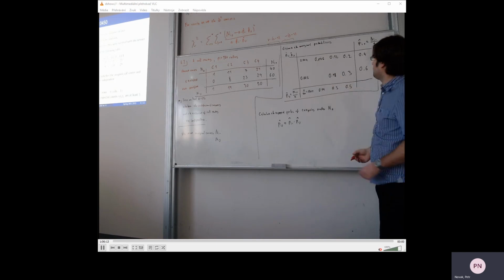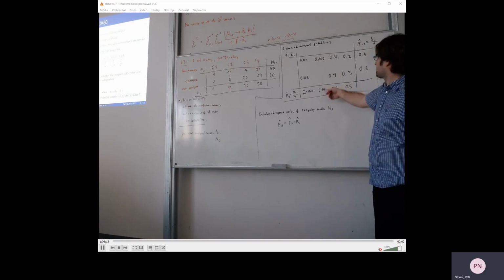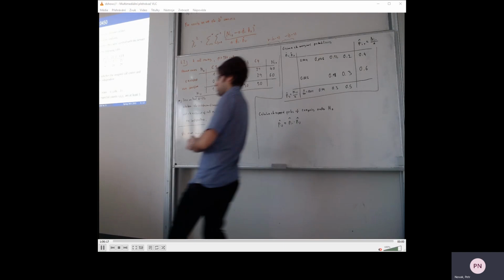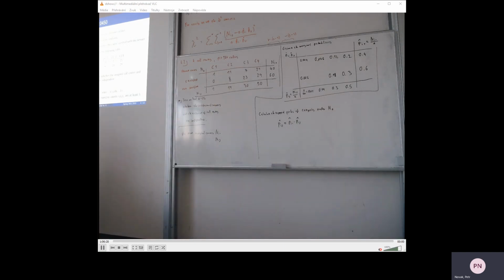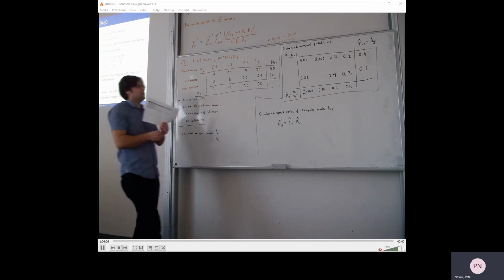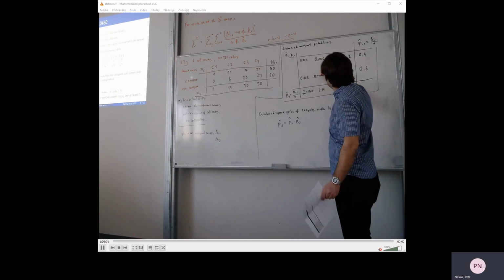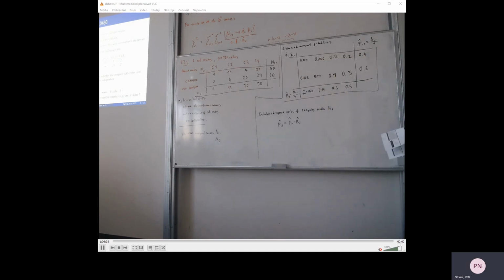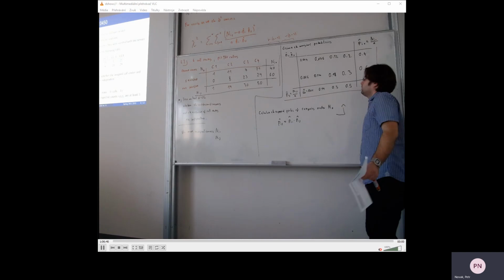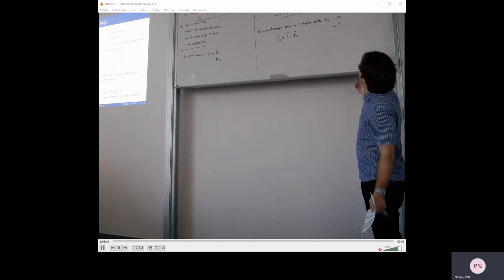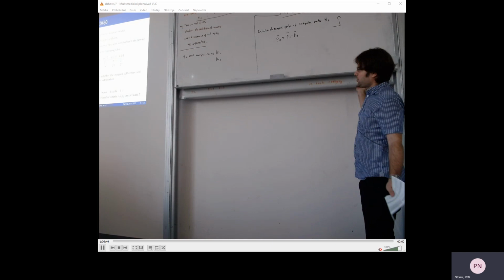And here, 0.6 times 0.19, that's 0.114. So those are the ideal probabilities under the null hypothesis of independence.